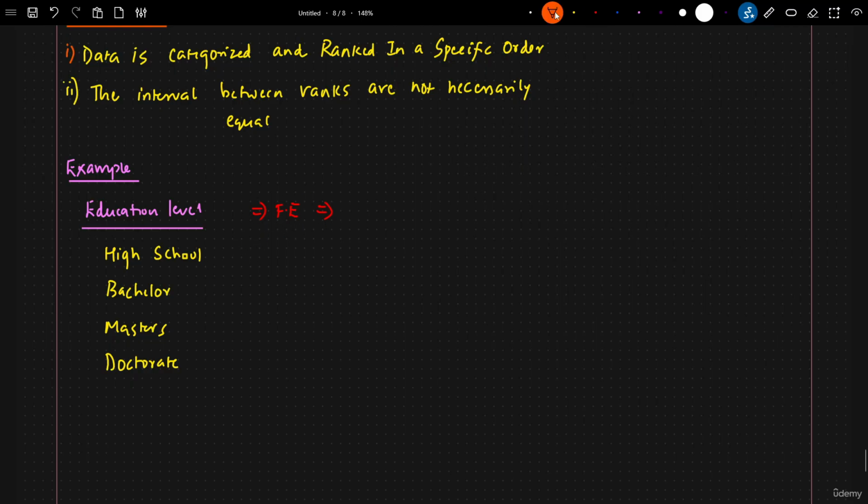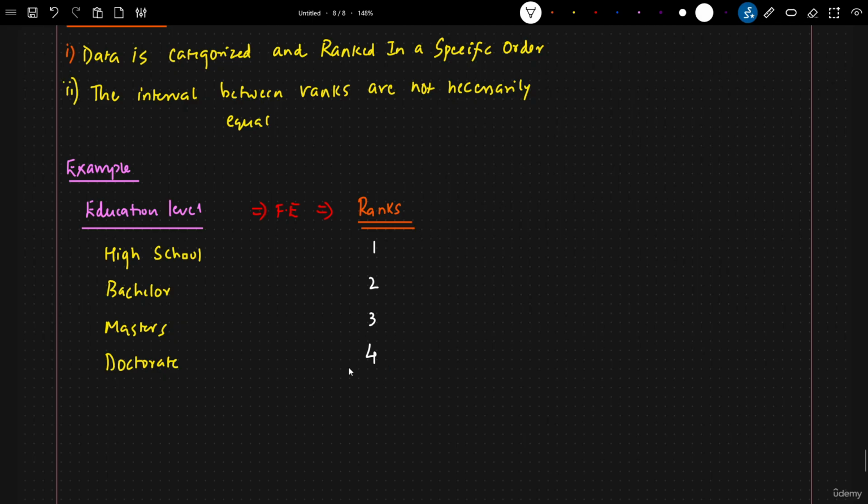After doing the feature engineering, here what I will do is apply ranks, right? Why do I apply ranks? Because I know as we go up to doctorate, a better rank is specifically given. So rank for high school can be given as 1. Let's say I want to give the rank in ascending order. Bachelor can be given as 2, Masters can be given as 3, Doctorate can be given as 4.